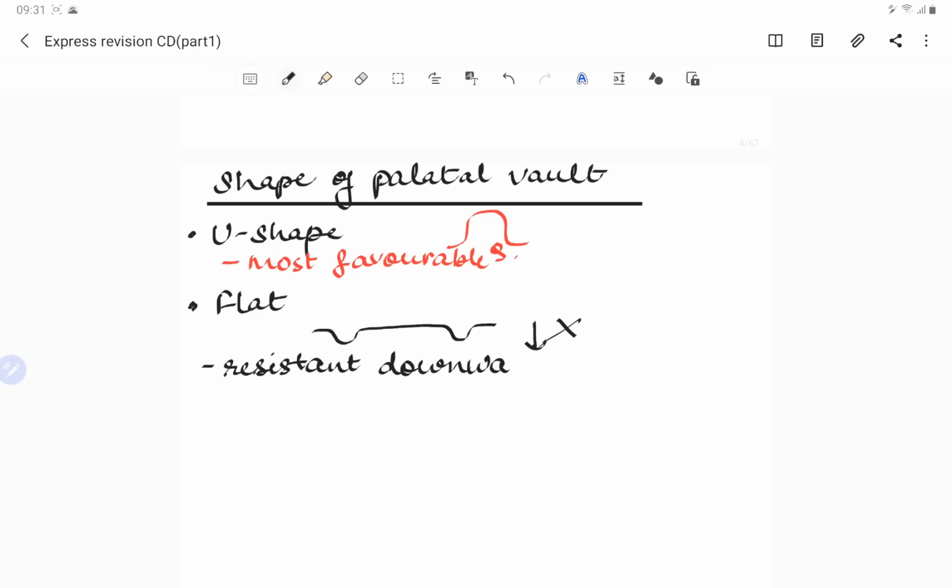But what happens in this case? There is going to be easy dislodgement. That means the denture can be dislodged by rotational forces and by lateral forces.